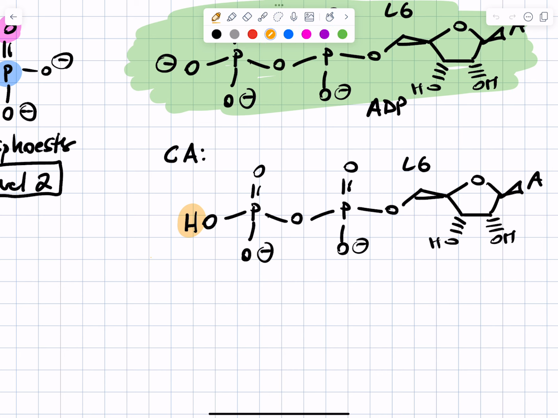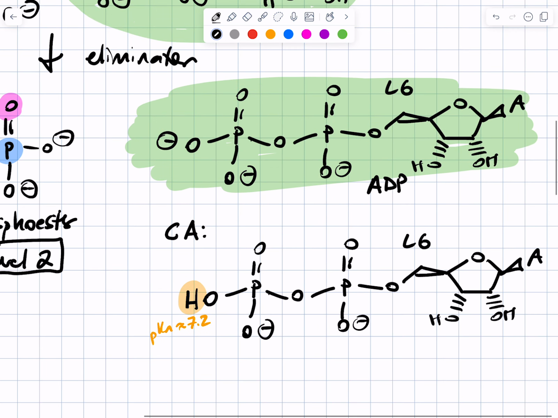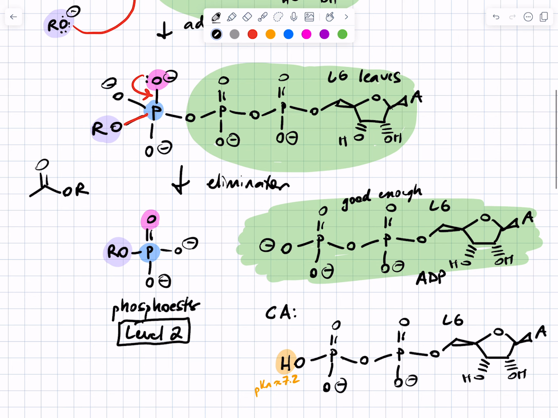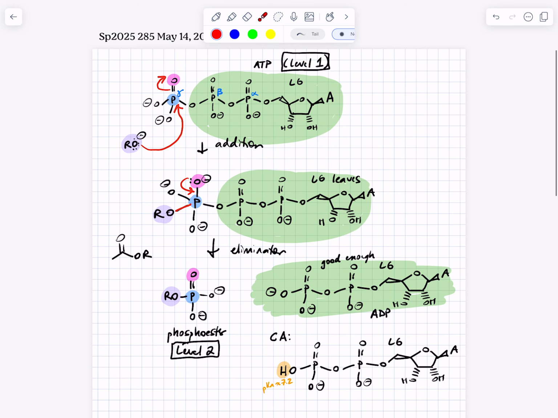And I'm guessing that the pKa of this hydrogen is around 7.2, which would mean, based on our description, that this is a good enough leaving group to be kicked off by a negatively charged oxygen. So this is why ATP is a level 1 molecule, because if the nucleophile attacks at the gamma phosphoryl group, then everything else is a decent leaving group.